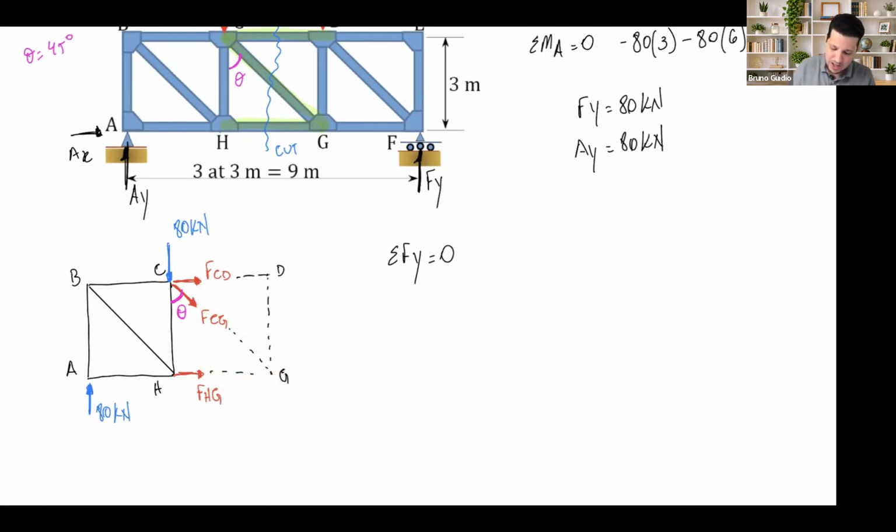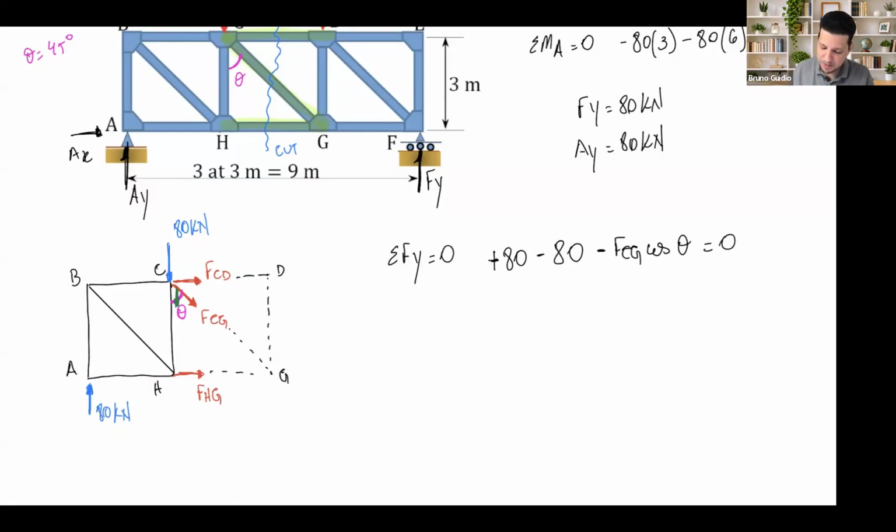I have negative 80. Sorry, start from the left. Positive 80. Negative 80. And this component here, which is going to be negative FCG cosine of theta.